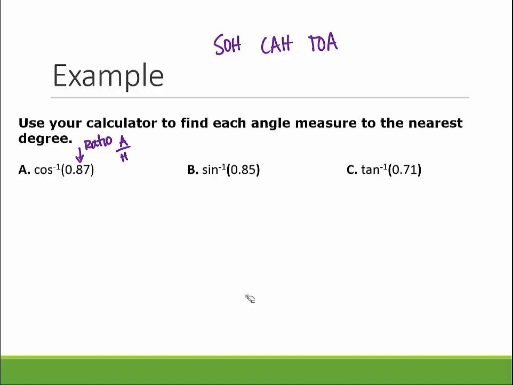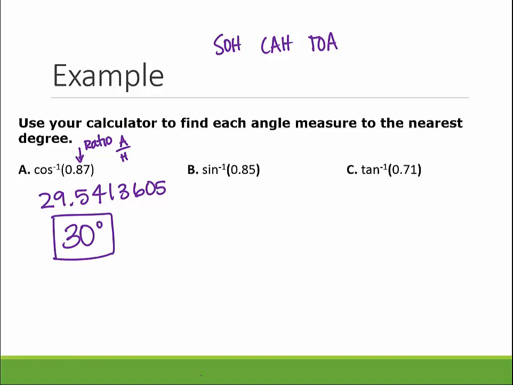If you go to your calculator where you have your sine, cosine, and tangent, right above it will have the inverse of each of these. So you click the second button, hit cosine of -1, and then type in 0.87. And you end up with 29.5413605. But they tell us to round to the nearest degree. So this is about 30 degrees that will give us that ratio.